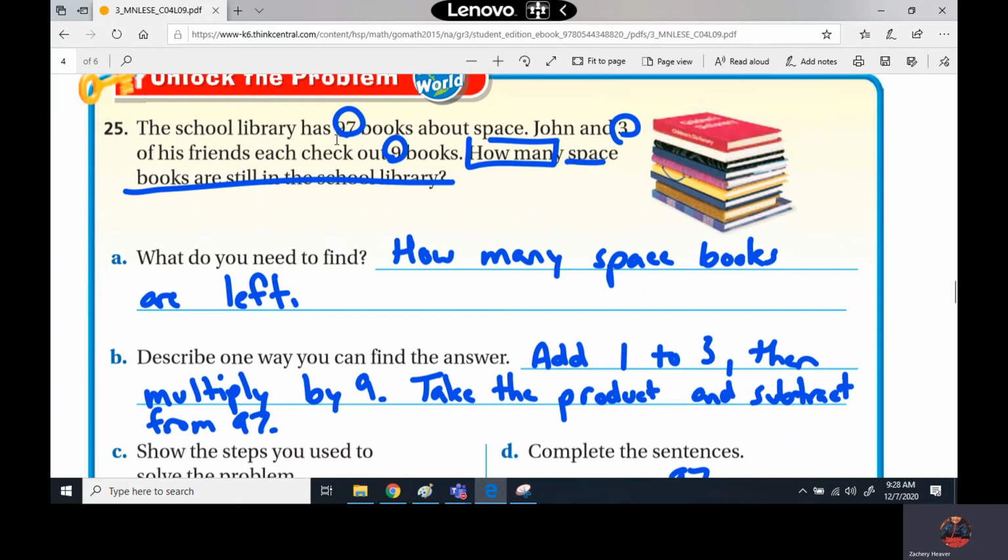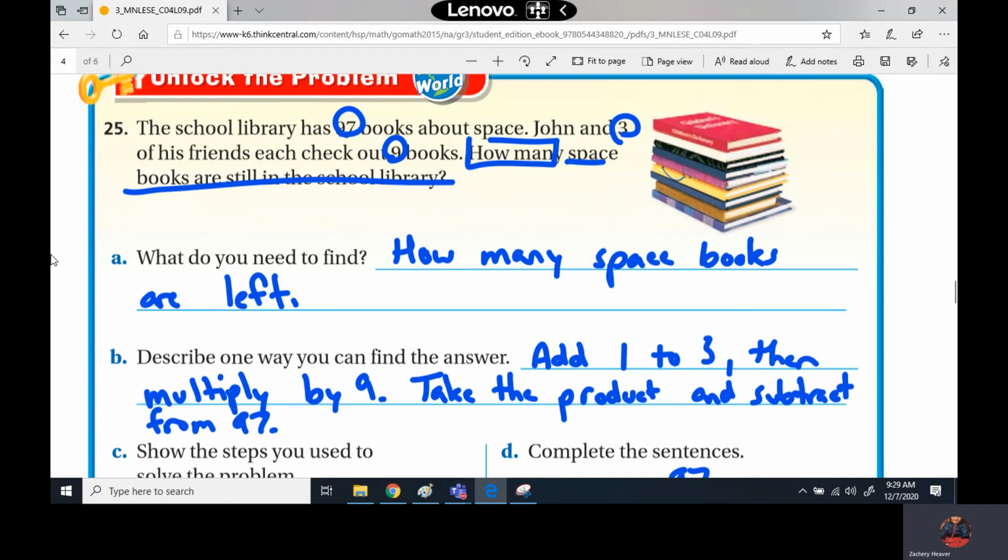Describe one way to find your answer. Well, we're going to add 1 plus 3 because John and 3 friends. John is a person and his 3 friends, so that makes 4 people. So we got to add 1 to 3, then we got to multiply it by 9. That's going to give us the total number of books that they took.